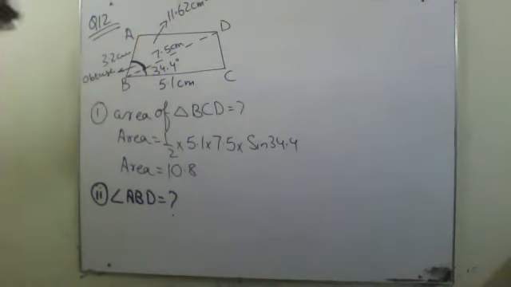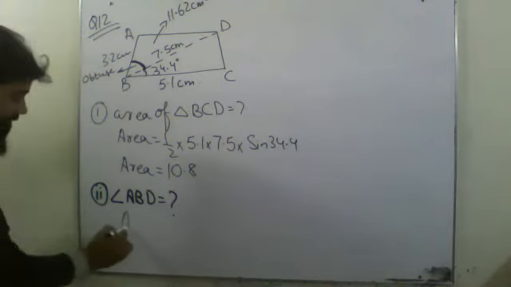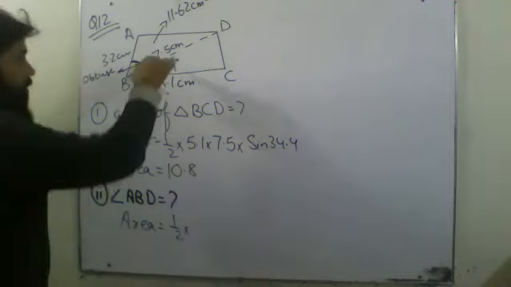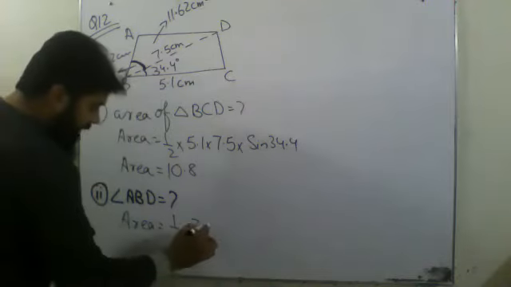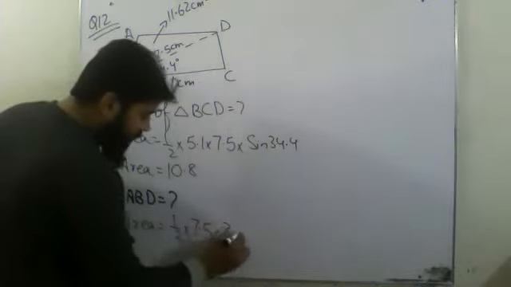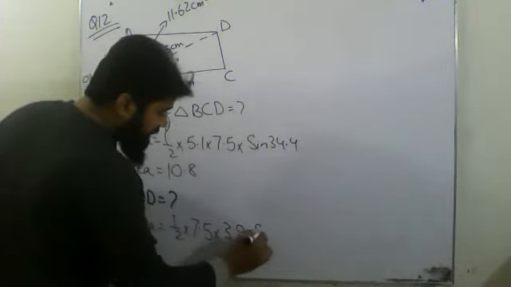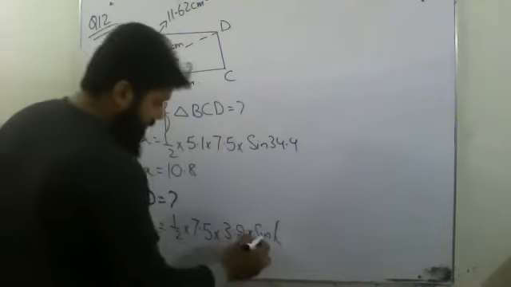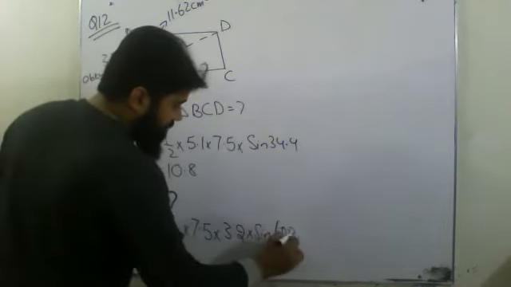So I know that the area of a triangle equals half into 7.5 into 3.2 into sine of ABD.